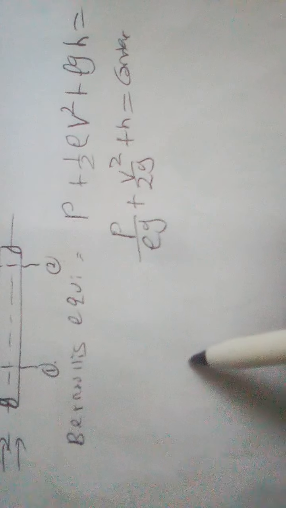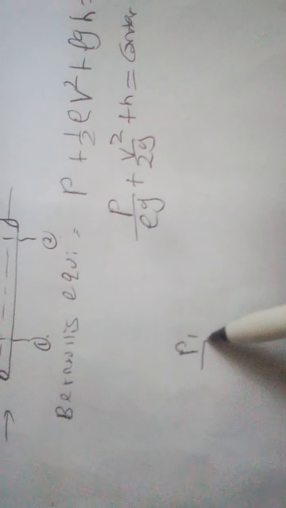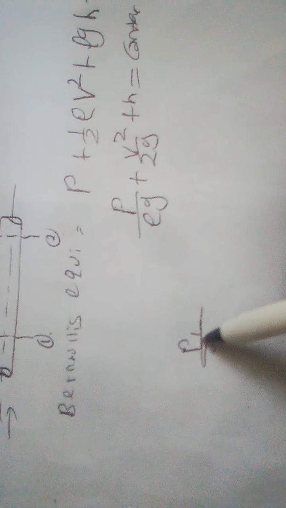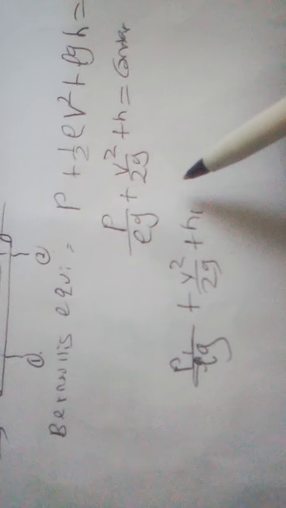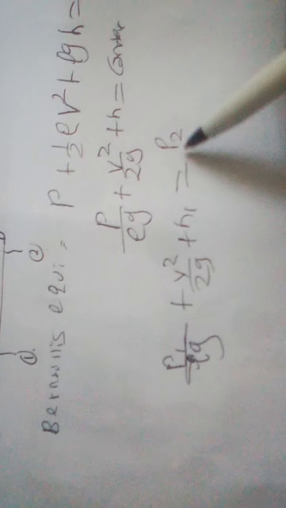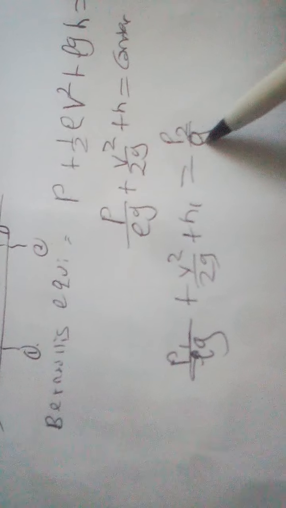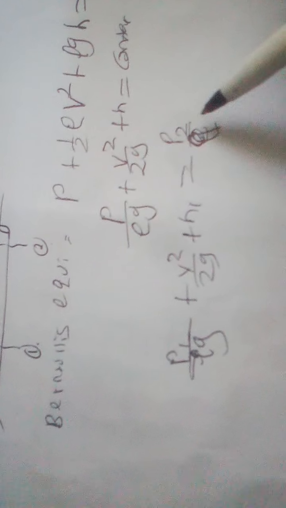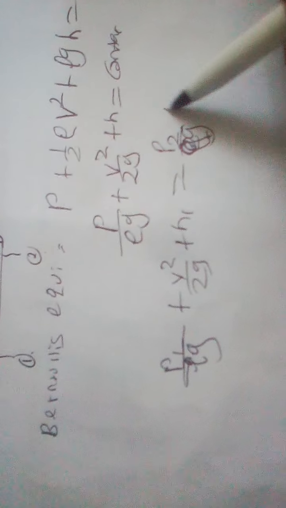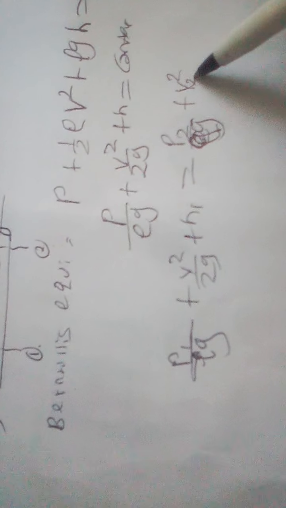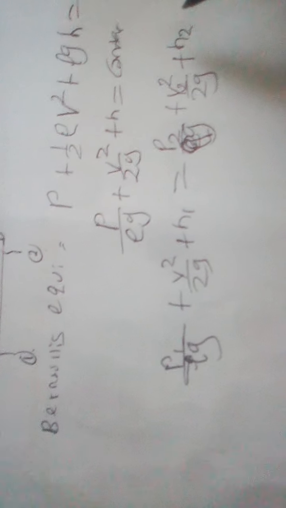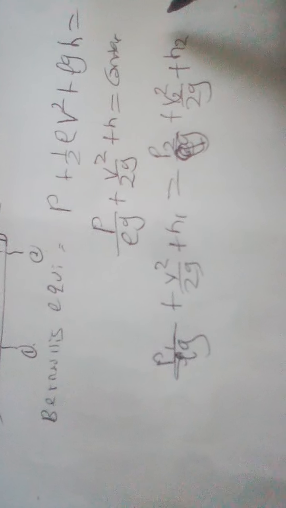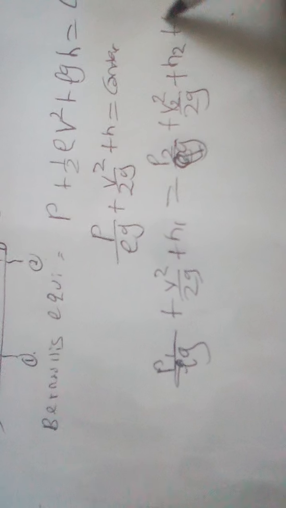The equation will be P1 over rho g plus V1 squared over 2g plus h1 equals P2 over rho g plus V2 squared over 2g plus h2 plus hf.